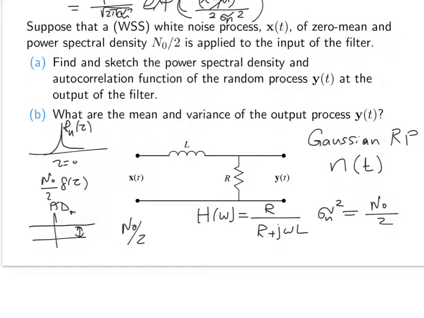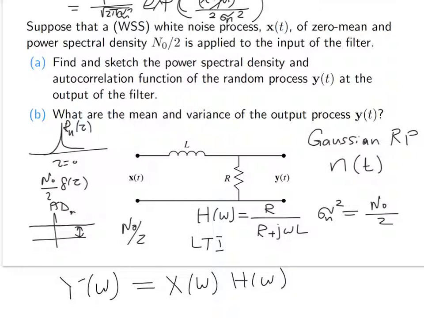Simple. We know that this is a linear time invariant system. So the relation says Y of omega, the output, is equal to X of omega multiplied by H of omega. But here we are dealing with power spectral densities, not magnitudes. We are not dealing with the amplitudes.